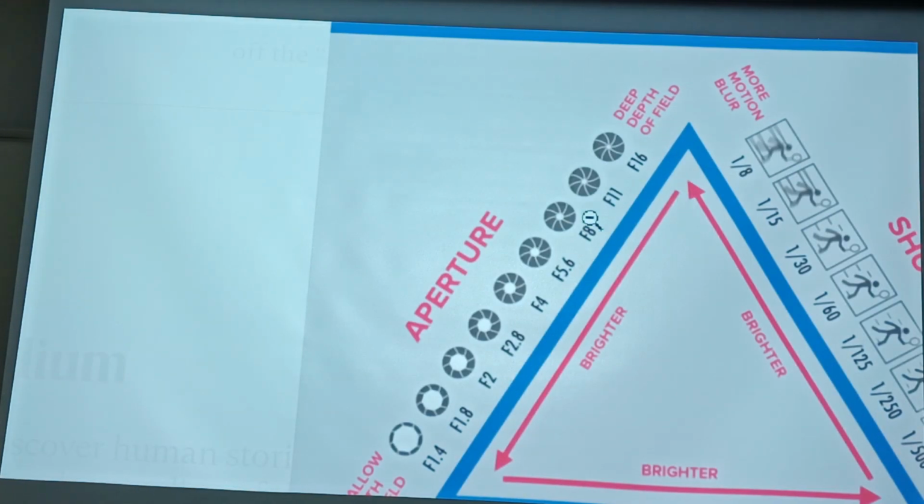Whereas, taking a look at f8, how small that aperture is, the light's going to pass through the aperture, it's going to be focused, it's going to hit the back of the sensor, but the range that's in focus is significantly greater than f1.4, because as those light rays pass through, they're being channeled and funneled in and focused onto the back plane of our sensor.